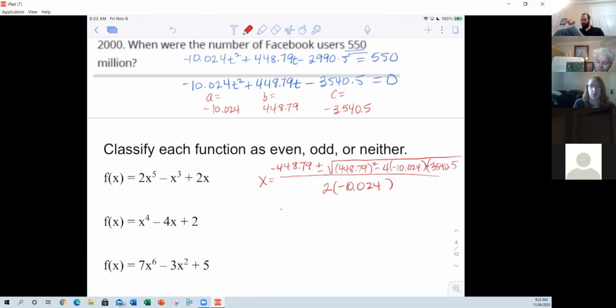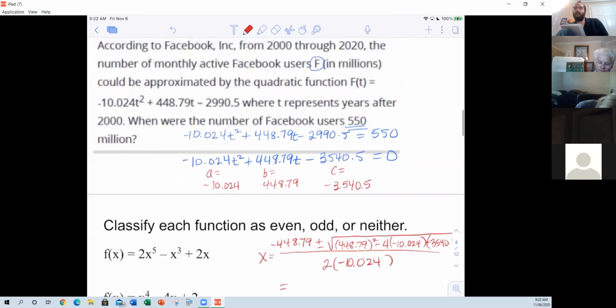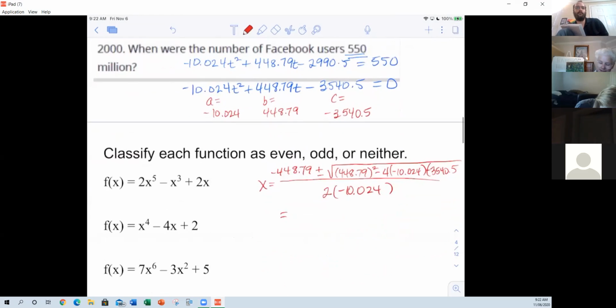What X is? Almost there. Okay, good. This should actually be T, right?